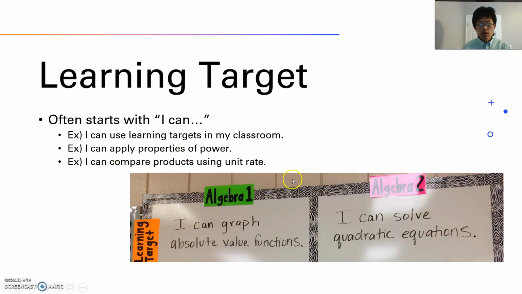Or, something on this picture, I can graph absolute value functions, I can solve quadratic equations, things like that. It's the center of the lesson, and like I said, it starts with I can, and it's focusing on the student perspective. So students will say, I can do this and this and this. I can graph absolute value functions.